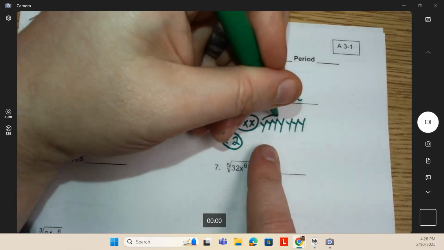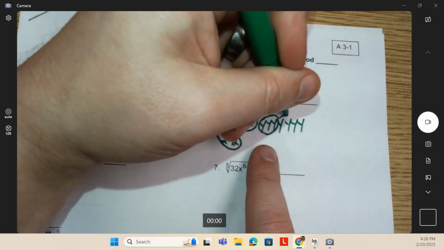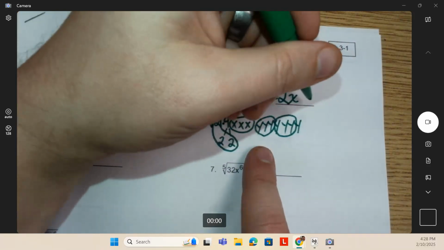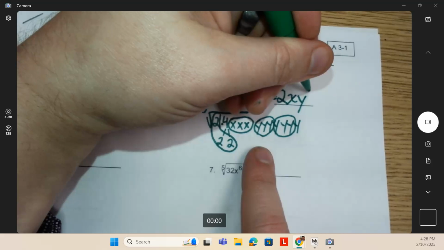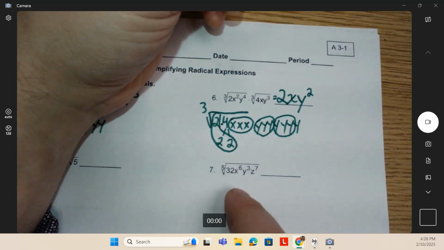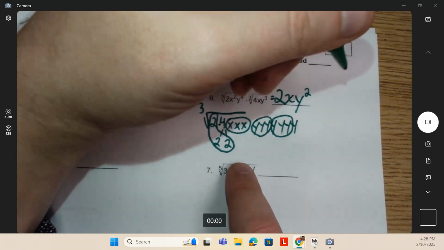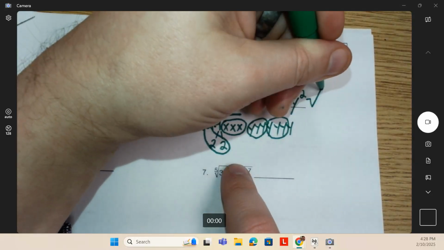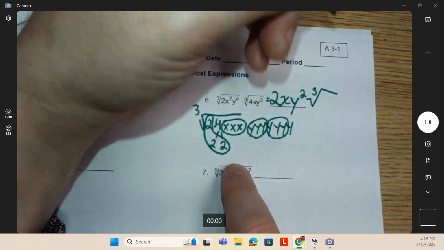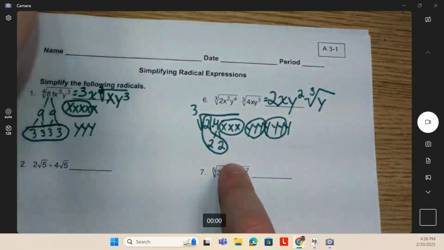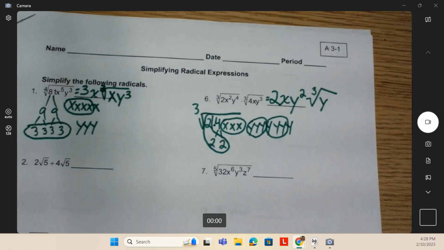Then for y's, I've got a group of 3 there, a group of 3 there. Gives me 2 y's multiplied. They can go on the outside. And I've got one little y that's left, so it's going to go back inside and stay just like that.